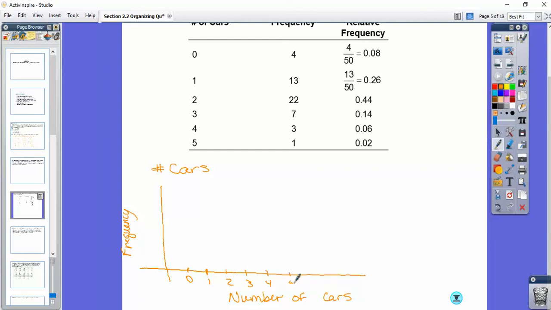If it were continuous data, like if we had decimals, then we would have to give a range of values, from 0 to 1, and then from 1 to 2, and everything from 2 to 3, and so forth. But these were discrete, so we can just list them out. When we draw this histogram, we're going to center our bars over the number that we're graphing. My frequencies went from 1 to 22, so I'll just count by 2s.